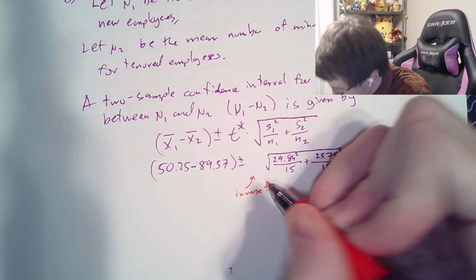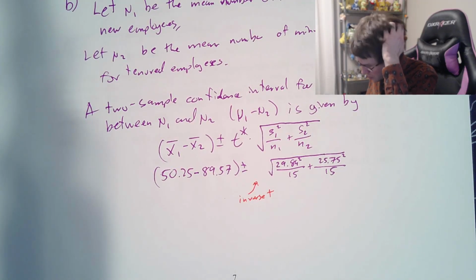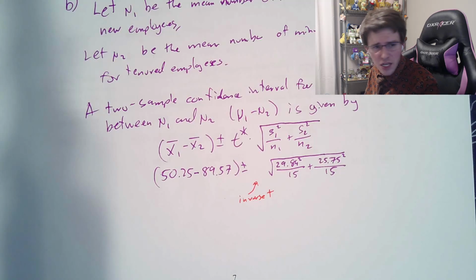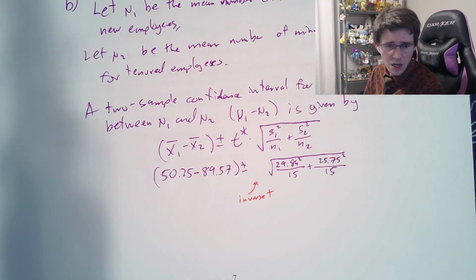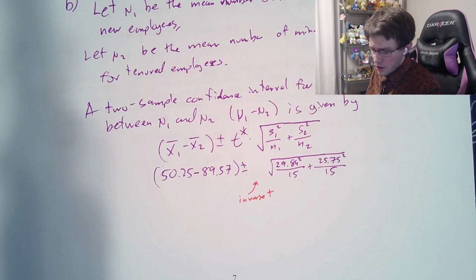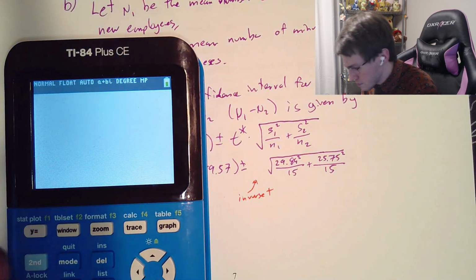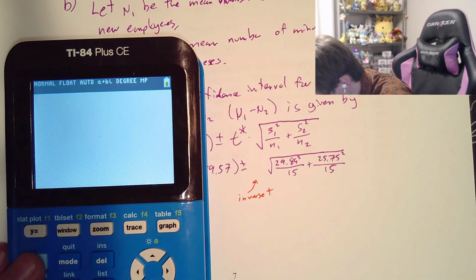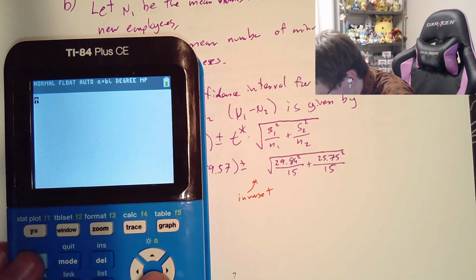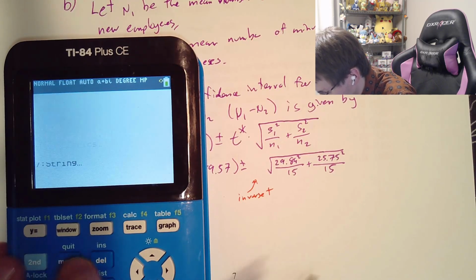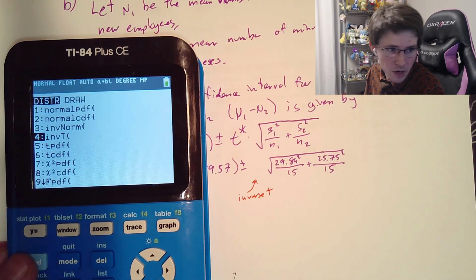We are going to find this t star by doing inverse t, which needs a degrees of freedom. It's under second vars, inverse t right here.